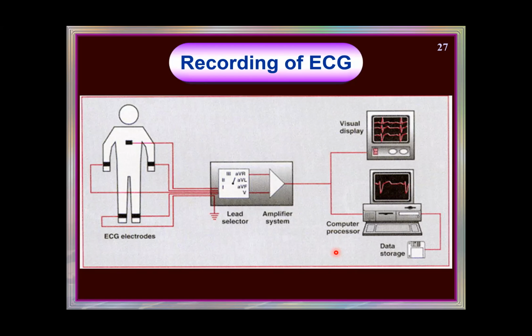And then he connected the chest of the horse to one end of the voltmeter, and he connected all 4 of the horse's legs to the other end of the voltmeter and recorded the ECG. That is the way the first ECGs were recorded.